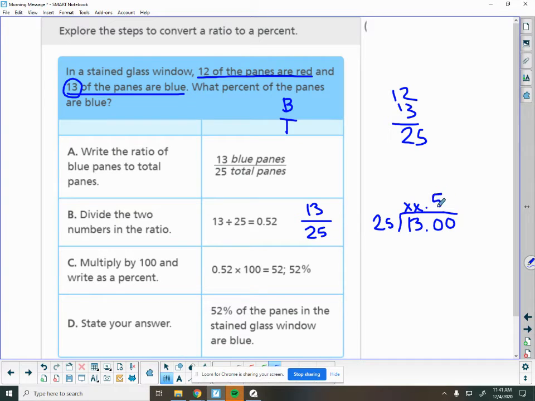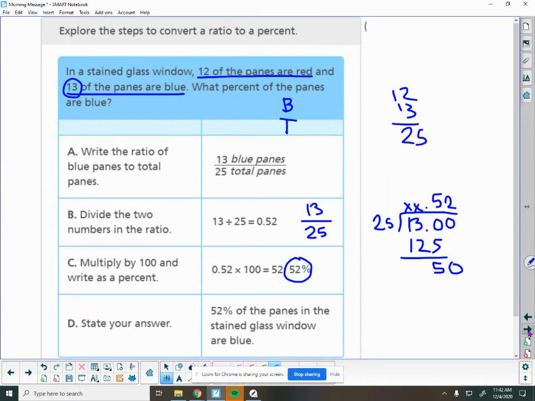So that goes in there 5 times, which is 125. 5 left over, bring down the 0, 2. So 0.52. And then when I times this by 100, remember a percent is always out of 100, we get 52%. So 52% of the panes in the window are blue. That's one way you can do it.